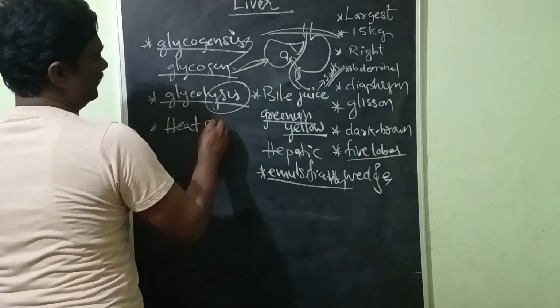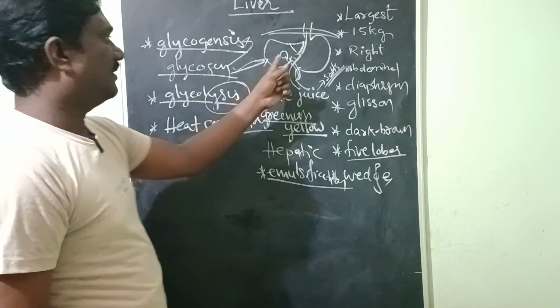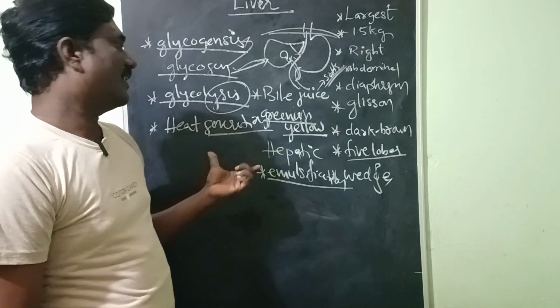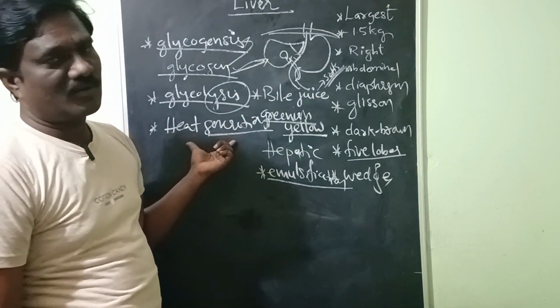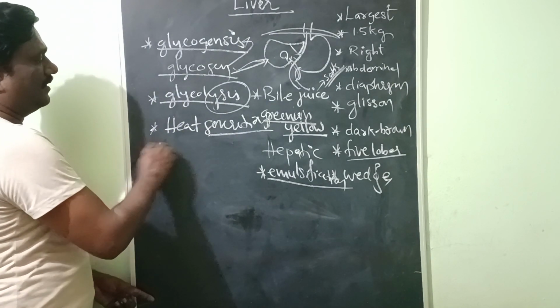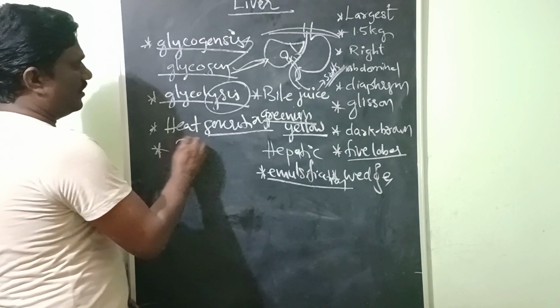Next, heat generation. The liver cells generate heat and distribute it equally throughout our body by the blood circulation. Next one is storage of iron.